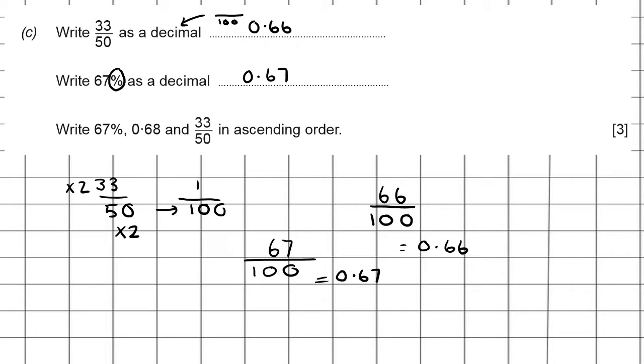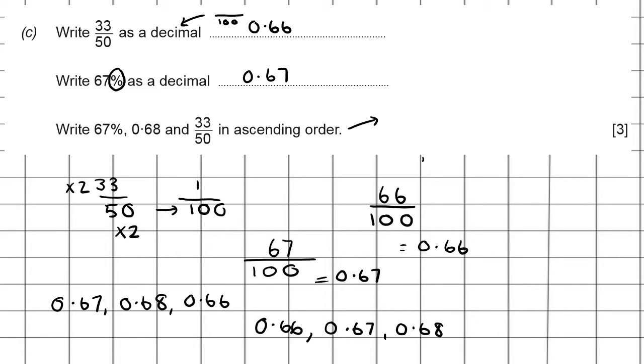Okay, write 67%, 0.68, and 33 over 50 in ascending order. Okay, for this, I would convert them all into decimals, as we converted the top two into decimals. So you have 0.67, 0.68, and 0.66. So we are in ascending order, so let's start with the smallest, 0.66, then 0.67, 0.68, and remember to convert them back.